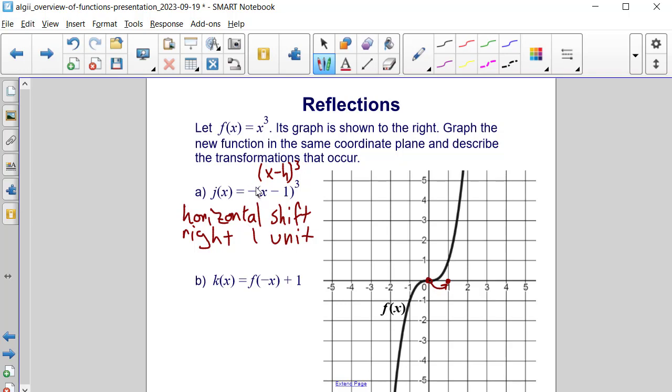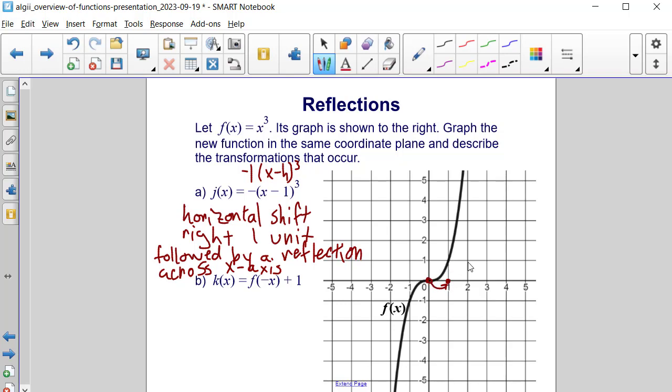And then this negative out in front here is a -1, so we're going to reflect it across the x-axis because this negative sign is out in front of the whole thing. So followed by a reflection across the x-axis. So that's not going to change our center point because that's on the x-axis.